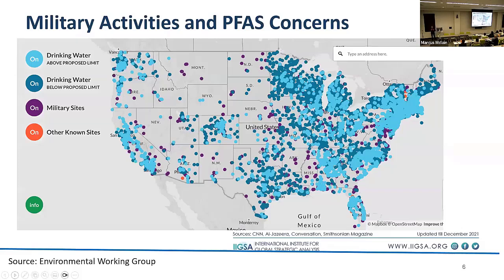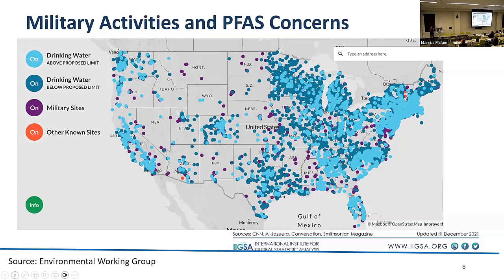And in a US map, you can see different color sites, especially in the eastern part of the US. The water sources shown in light blue color are above the PFAS proposed limit.